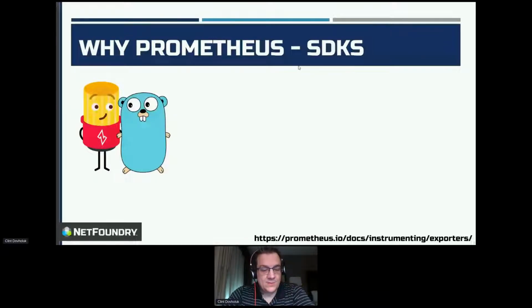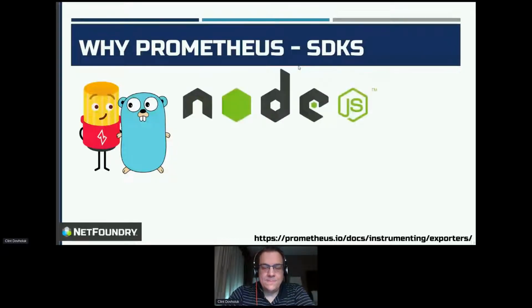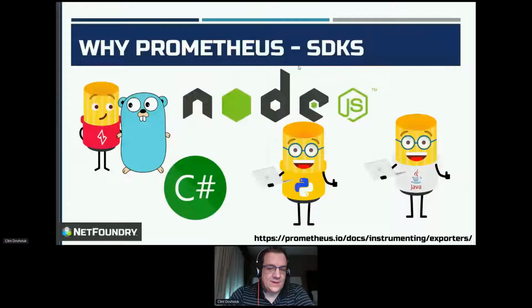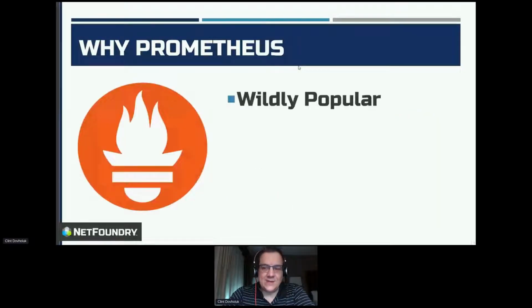It's not just popular with operators, but also developers. So we've got all these SDKs that Prometheus provides. If you're a Go developer, Ziggy loves Go, but also Prometheus loves Go. They've got Node, they've got C#. If you're like Ziggy and you love Python, you've got a Python SDK. If you love Java, like Ziggy, he likes all the languages, right?